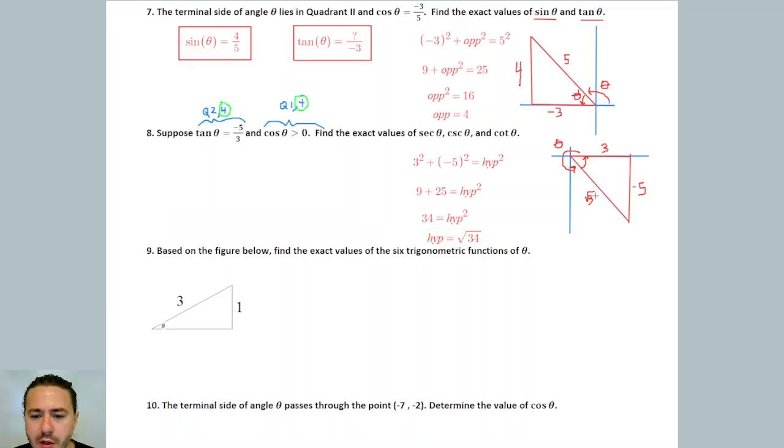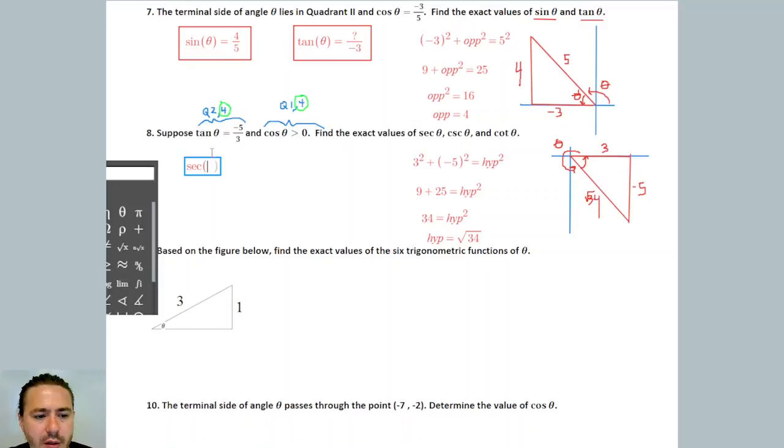So now we're going to write all these. So we'll say secant of theta, which is the reciprocal of cosine. Okay, so cosine is adjacent over hypotenuse, so this would be hypotenuse over adjacent. Why isn't it copying that 34 for me? Come on.